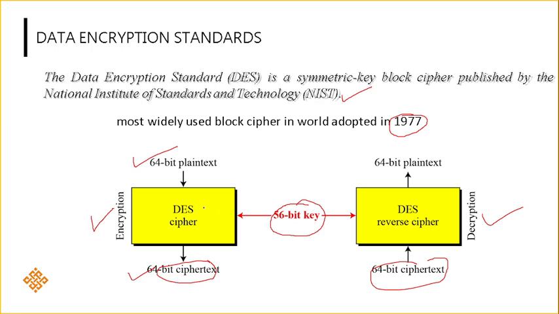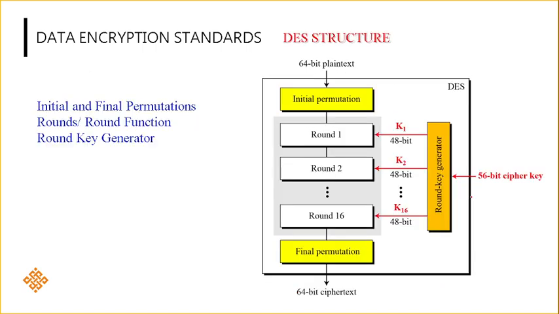Now let us see in depth how encryption and decryption happen. This is the basic structure of DES. As I already told you, the plain text length in DES is 64 bits, which is shown here.